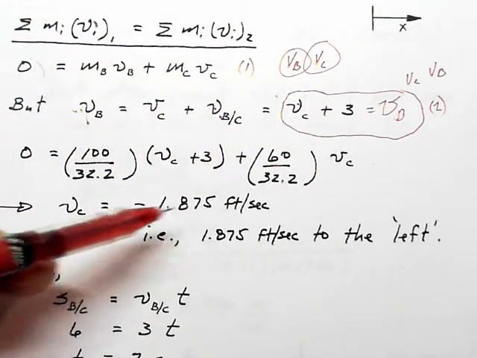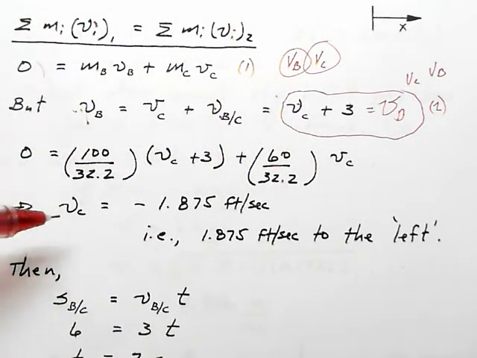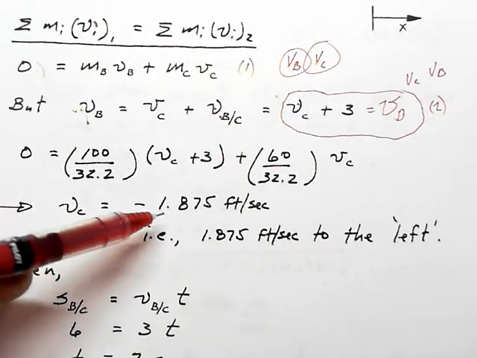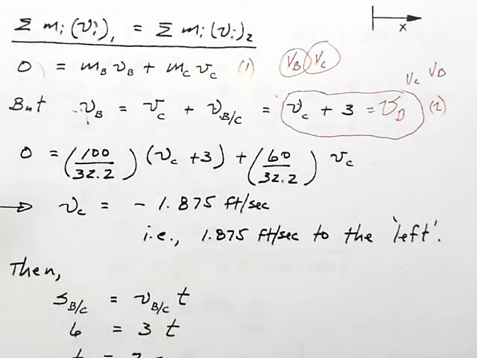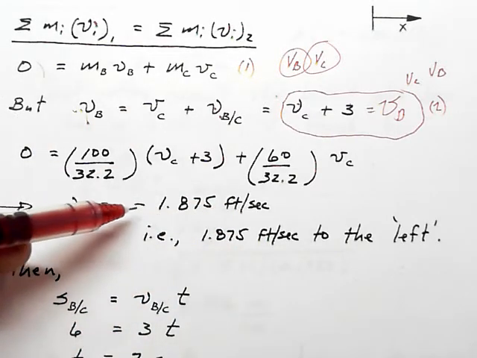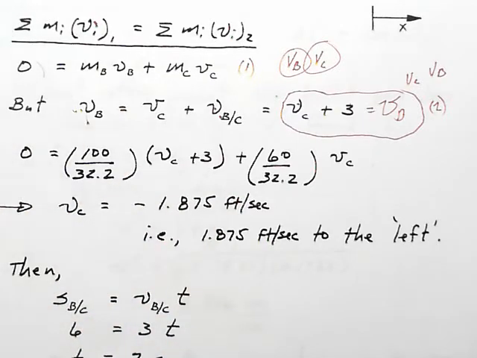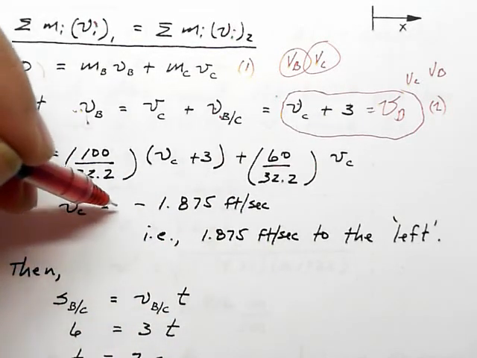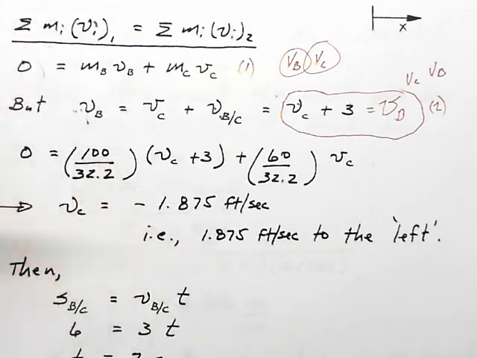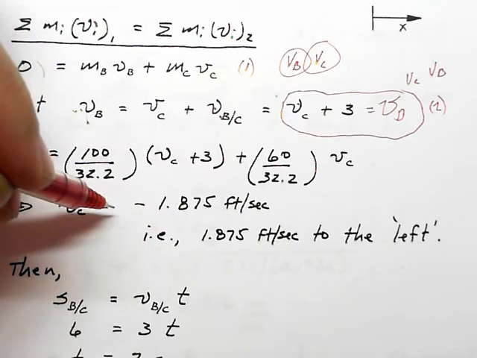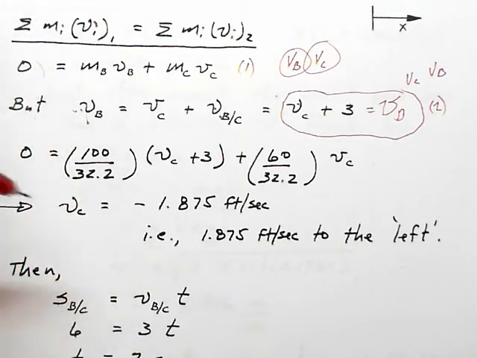And so solving those two equations, two unknowns, gives us the velocity of the cart at the end of the process is minus 1.875 feet per second. And the velocity of the boy at the end of the process would be 3 plus this negative number, or somewhere in the neighborhood of about a 1.2 positive. We didn't actually calculate that.